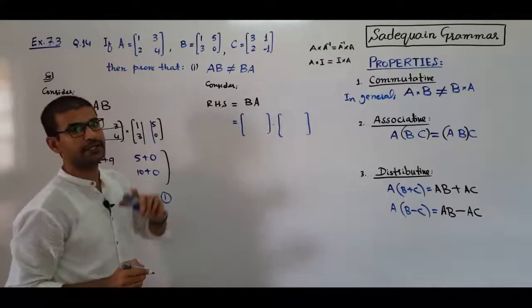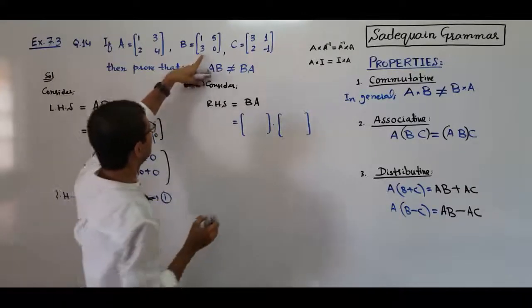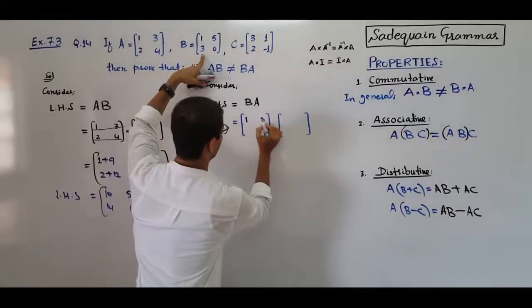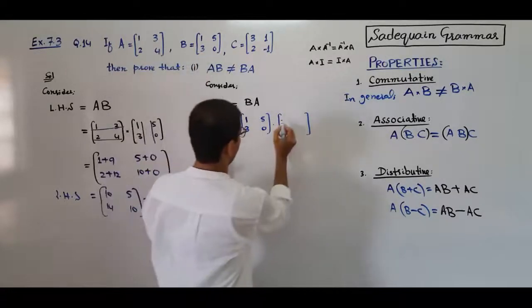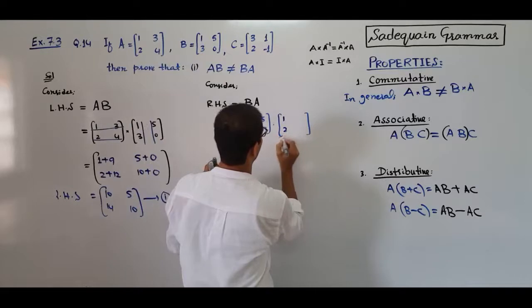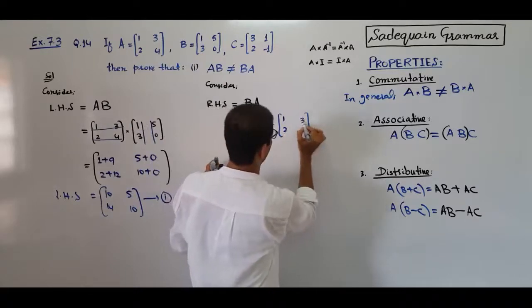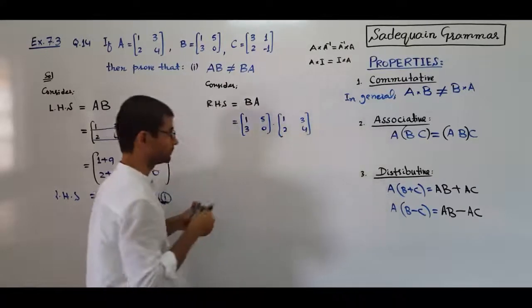Now students, evaluate BA. We have B as 1, 5, 3, 0 and A as 1, 2, 3, 4.